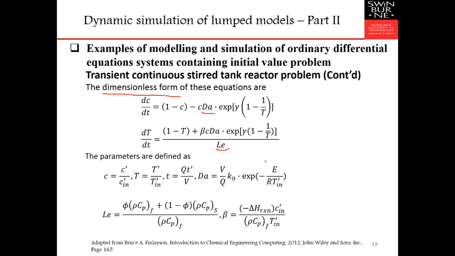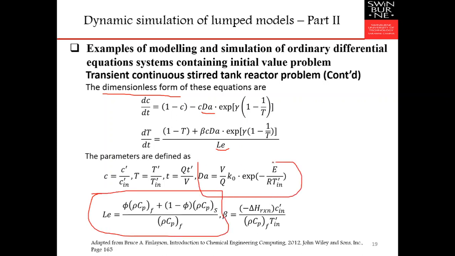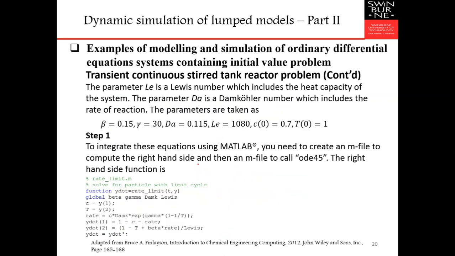These parameters are defined like this. The Lewis number includes the heat capacity of the system. The Damköhler number includes the rate of reaction.